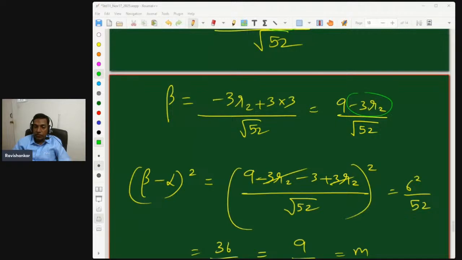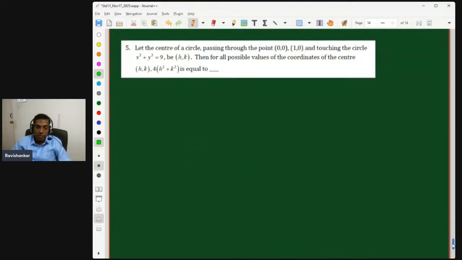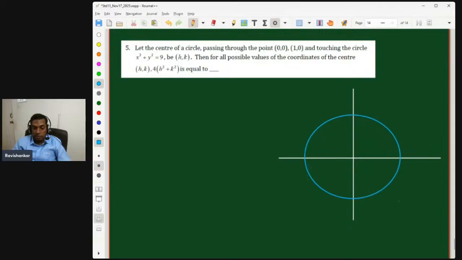In question 5, if you are not able to understand what's happening, x squared plus y squared equals 9 is a circle that's given.